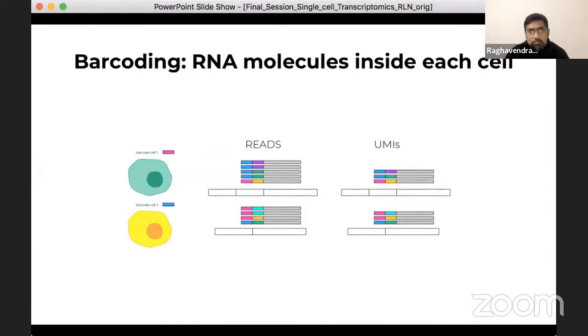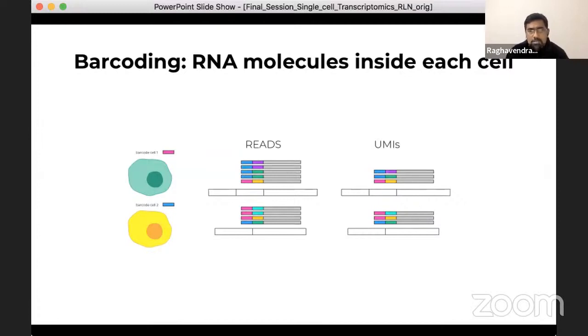The barcodes are added to the oil droplets together with the cells and buffer, which breaks the cell membranes, and the mRNAs are then attached to the poly T tails of the barcodes, and then they proceed for sequencing.